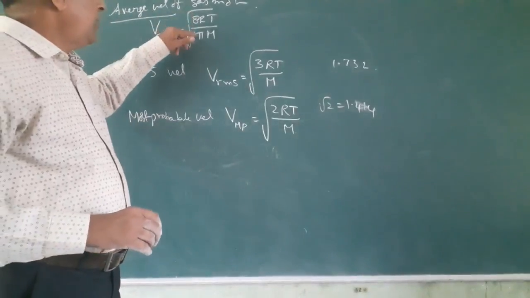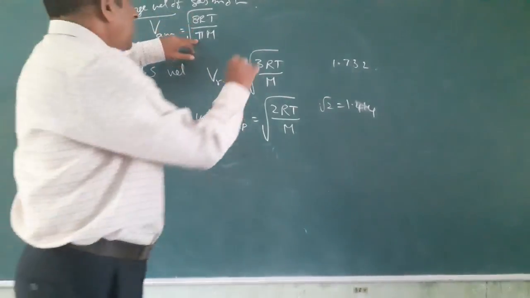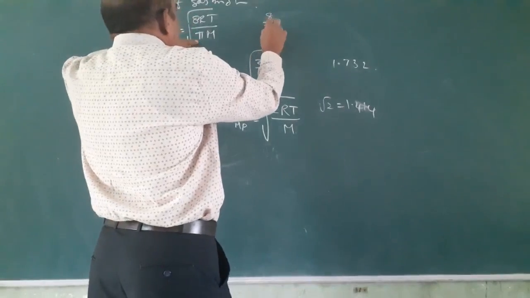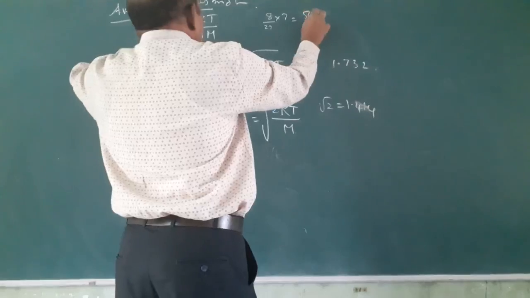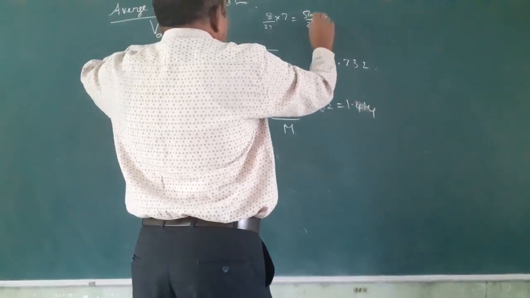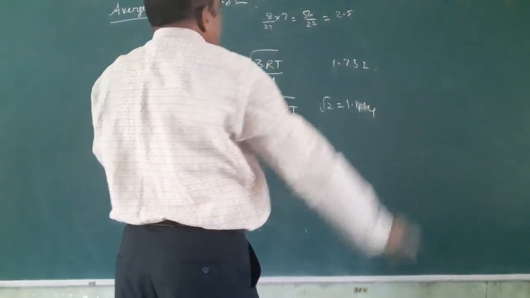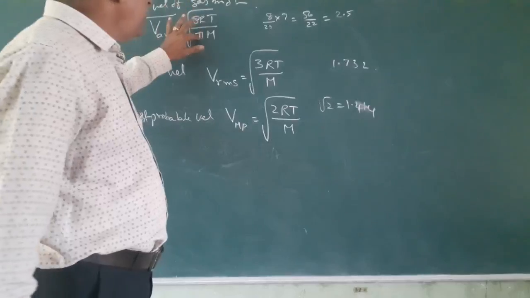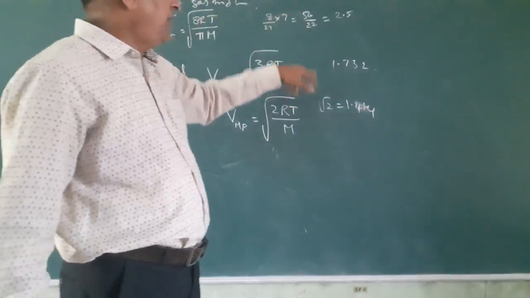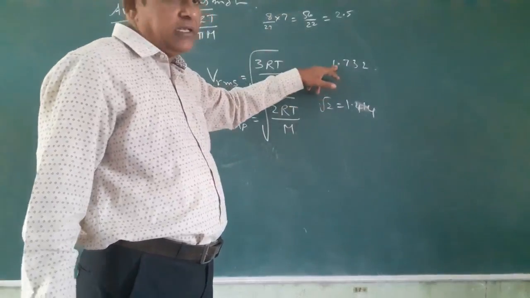So 8 by 22 by 7, that is 8 into 7 by 22. So 56 by 22, approximately 2.5. So root of 8 by pi is root of 2.5, more than this and less than that.